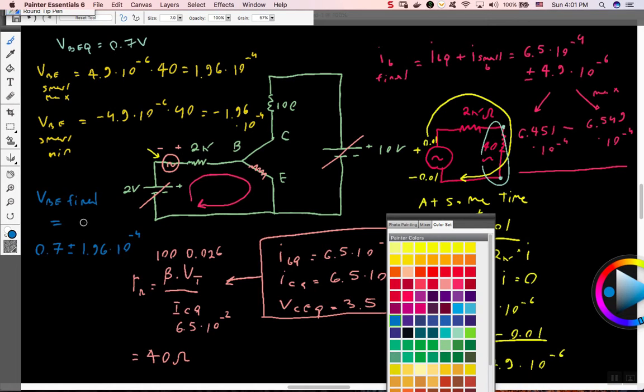So when the small signal voltage is 0, the VBE final is just the same as the large signal VBE. It doesn't contribute anything, as though it doesn't exist. And then we are left with just the large signal voltage, which we approximated to be 0.7.